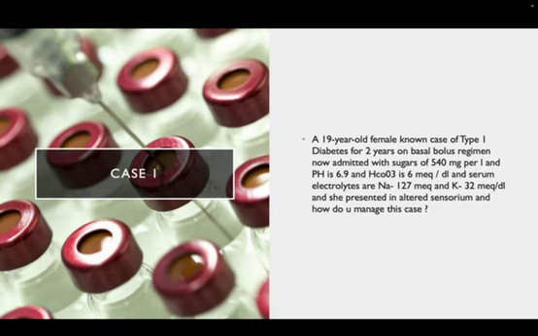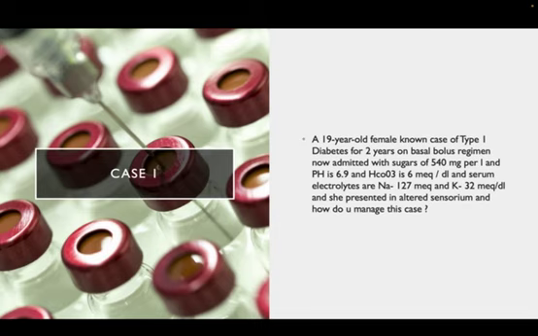So 127 plus 6.4 comes to almost 133, which is actually normal. Whenever you are dealing with hyperglycemia, you should always correct the sodium. For every 100 milligrams, add 1.6 milliequivalents of sodium to the existing value to get a corrected sodium value. In this case it is around 133 milliequivalents, so it's actually normal.